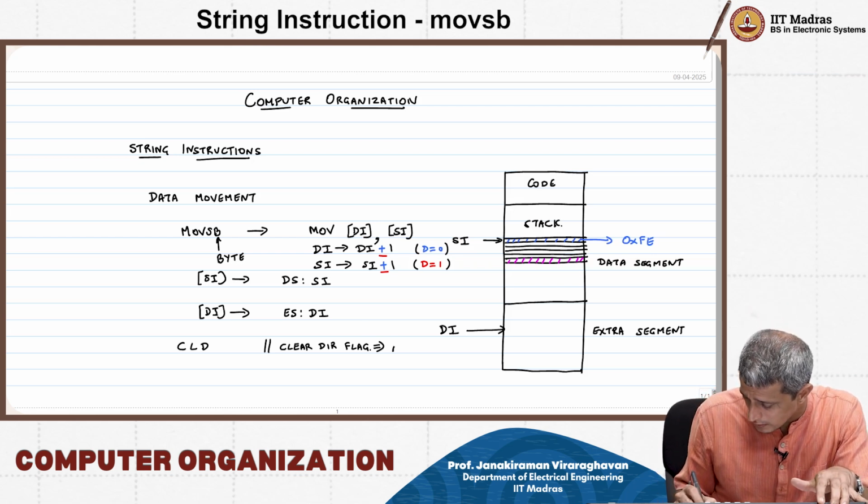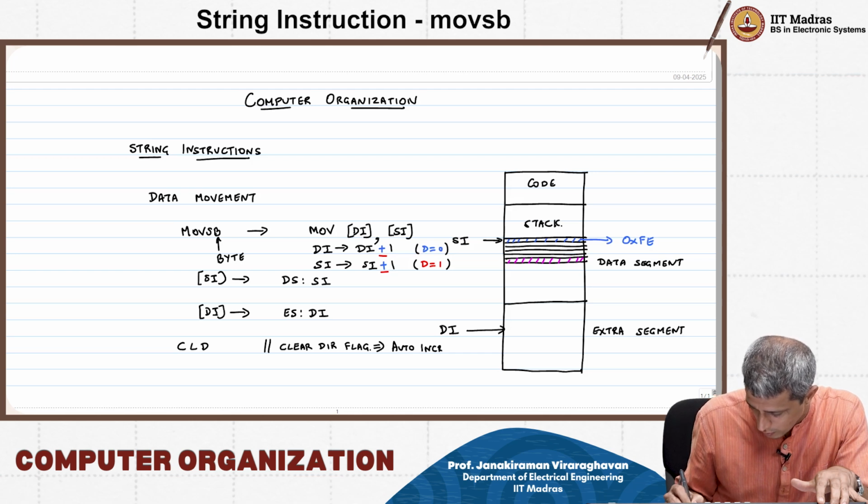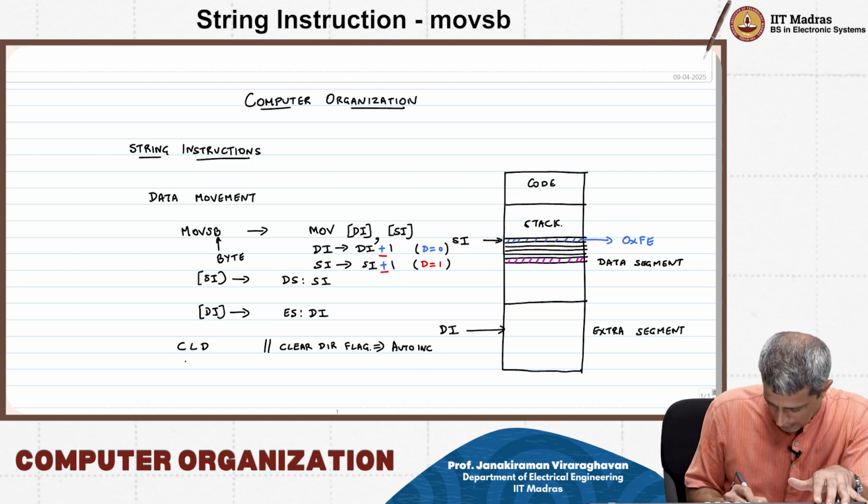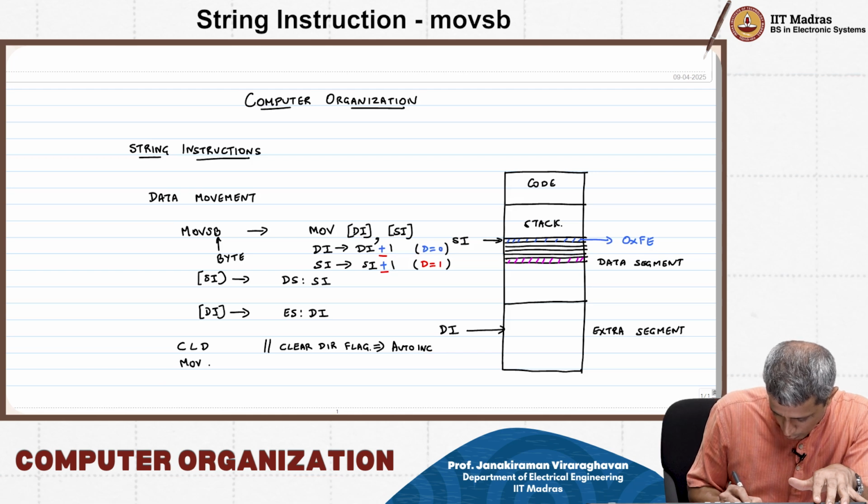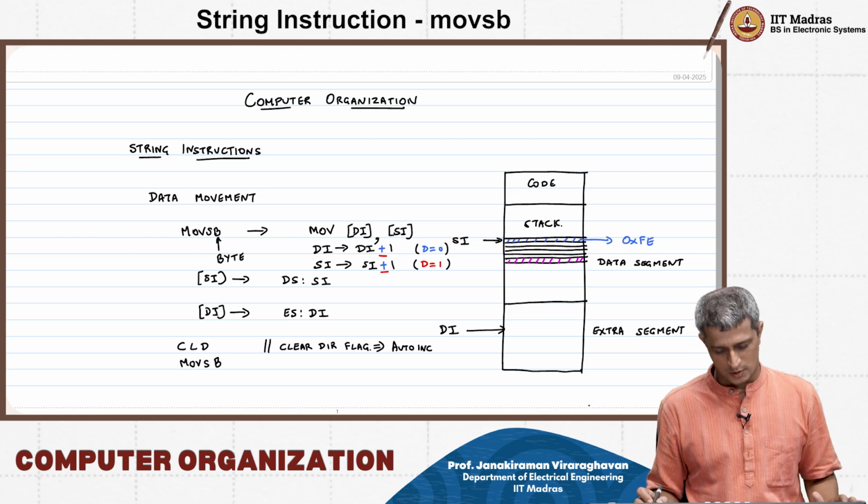This implies auto increment. Okay, I'll just leave it at that. And then I say MOVSB.